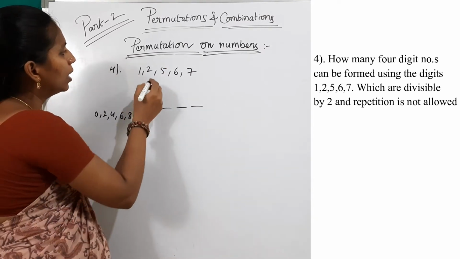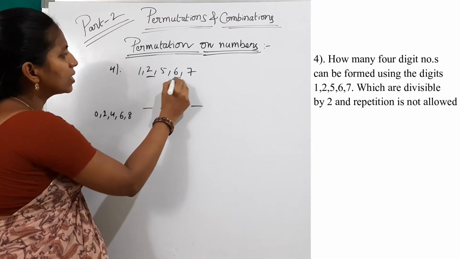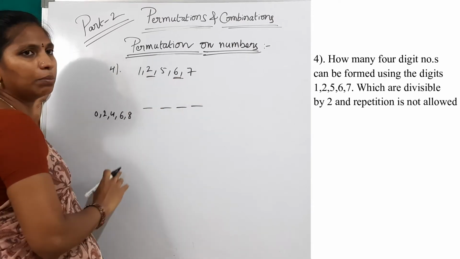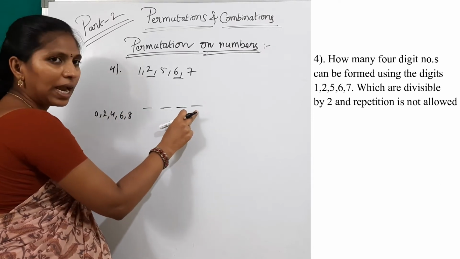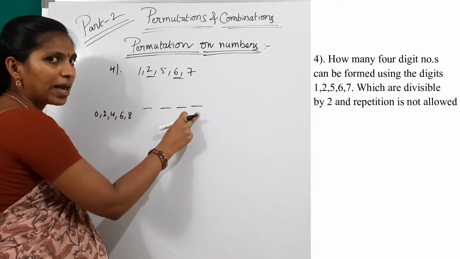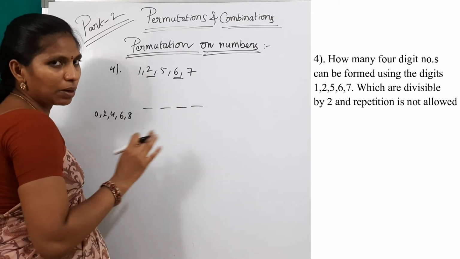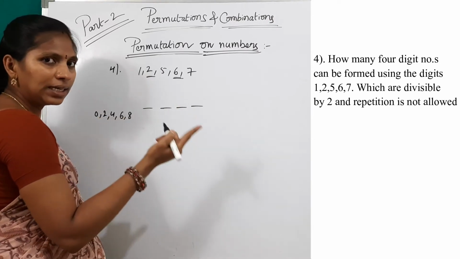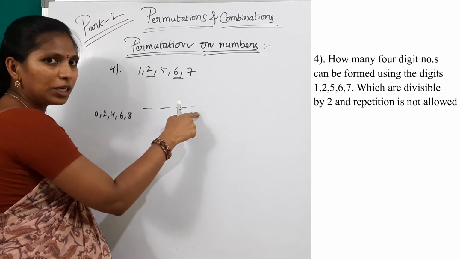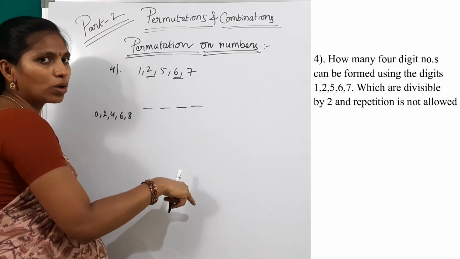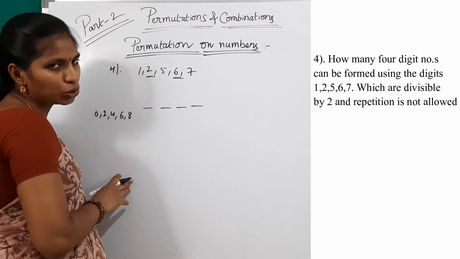Here, 2 and 6 are the even digits. First, suppose 2 is present at the end, at units place, then that number is divisible by 2. Another case is if 6 is present at units place, then that number is also divisible by 2.